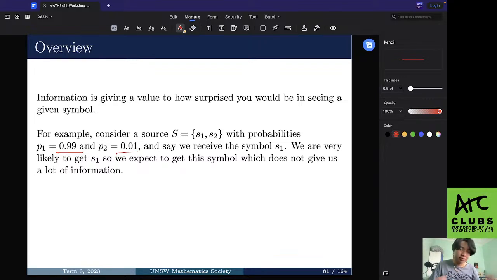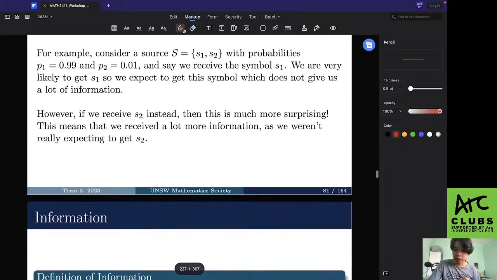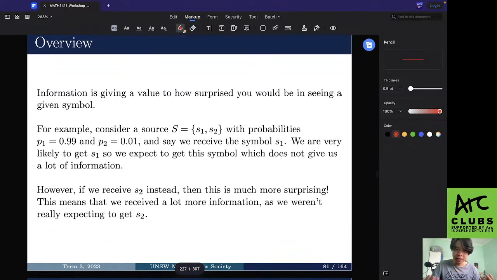We don't really care too much. It doesn't really surprise us. So compared to getting an S2, which is a lot less likely, we'd be a lot more surprised, right? So we'd say that S2 gives us more information than S1.